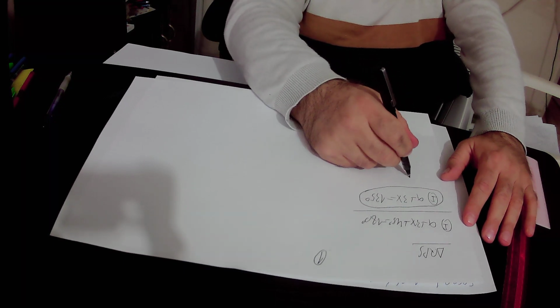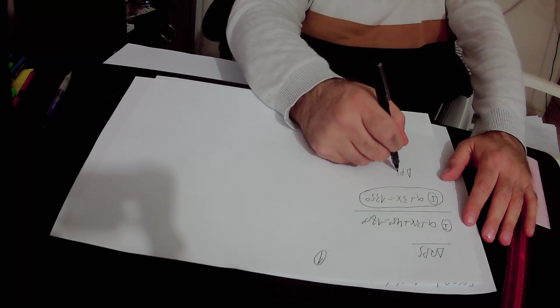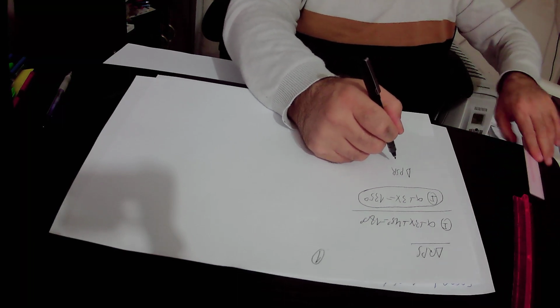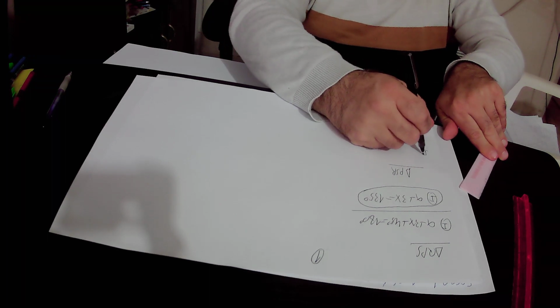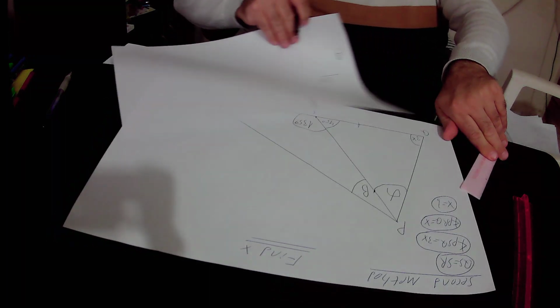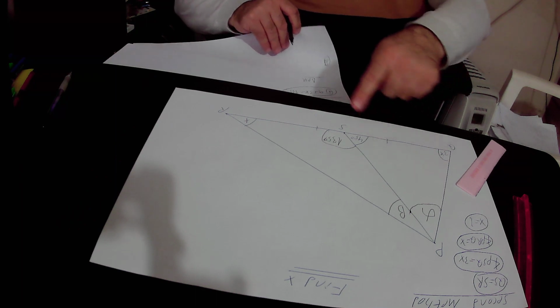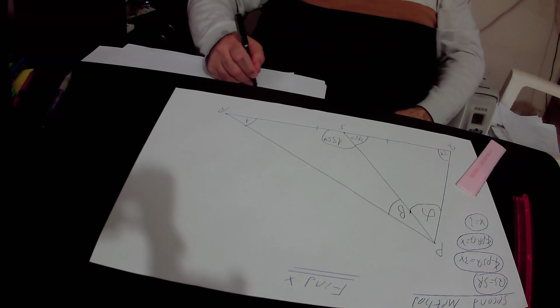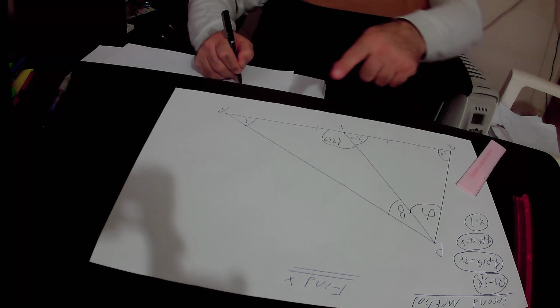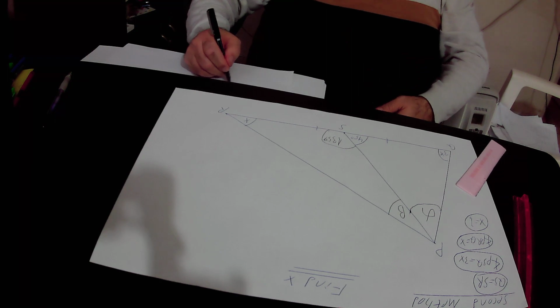Then in triangle PSR, the sum of the angles must be equal to 180 degrees. That is to say, angle beta plus 135 degrees plus angle x must be equal to 180 degrees.